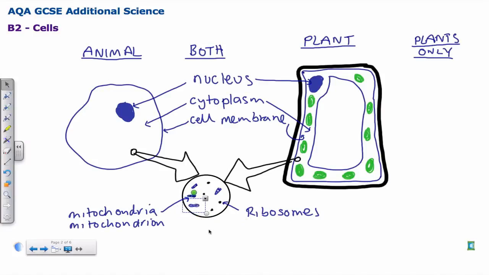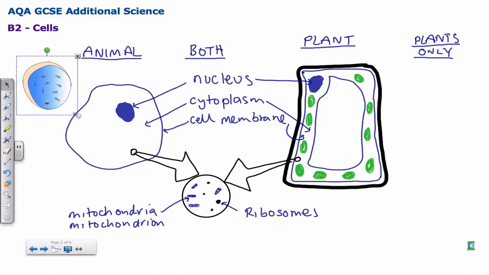But generally they're small sausage-shaped structures. The ribosome will actually just look like a blob, no matter how much you magnify it. They're usually shown as little round spots or blobs.